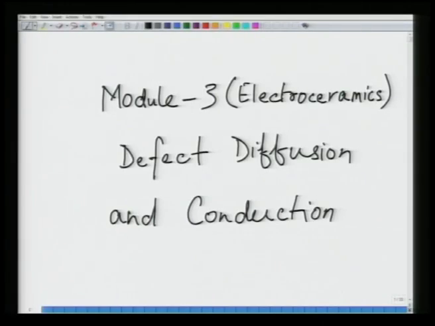So, these are very important things, and now what we will look at is the third module. In this module we will learn about how these defects move, which means defect diffusion, as well as their role in conductivity of these ionic solids, because many of these ionic solids are used as conductors in many applications.